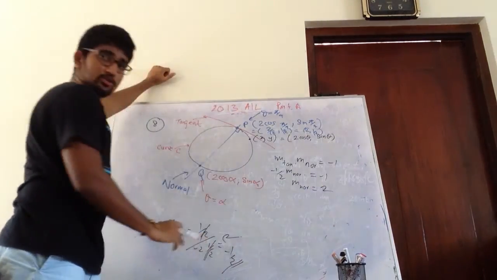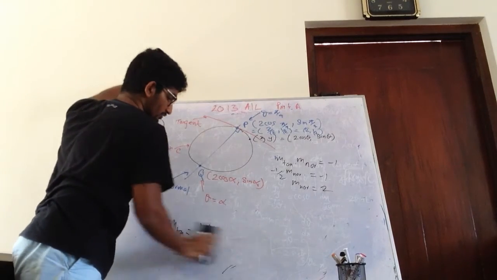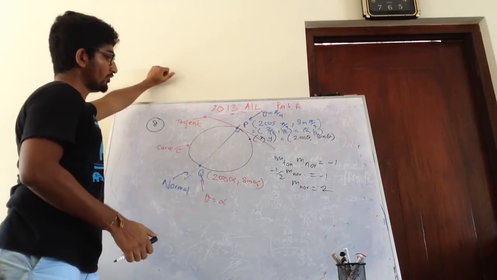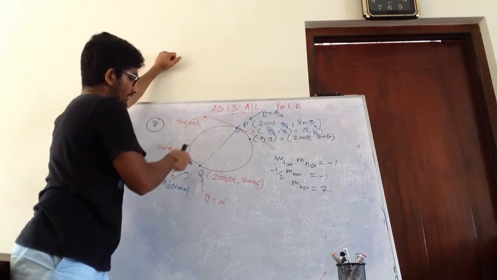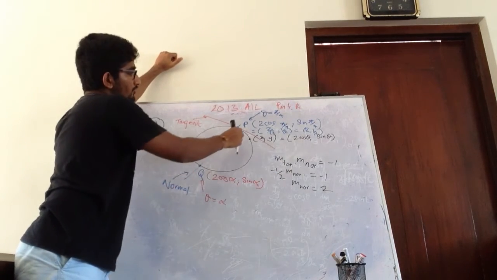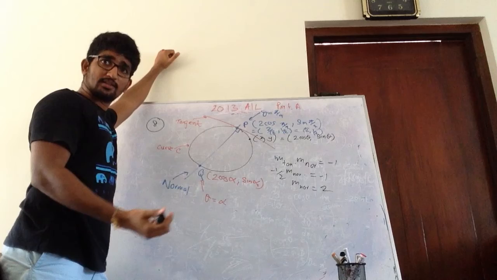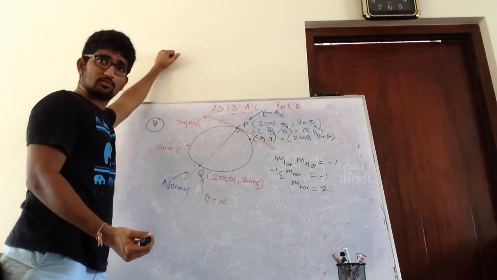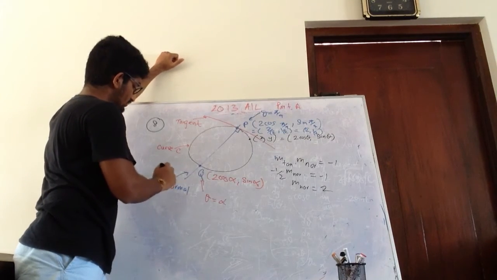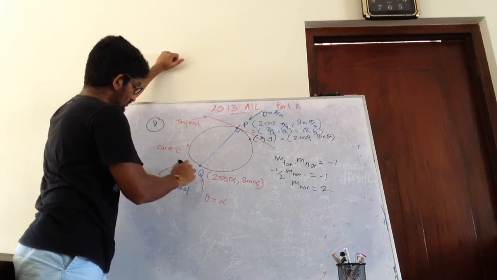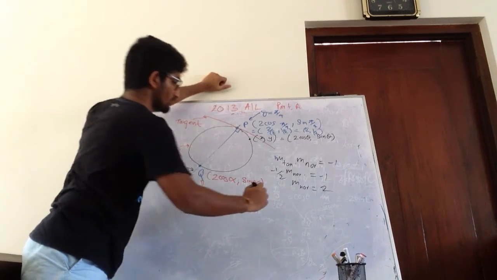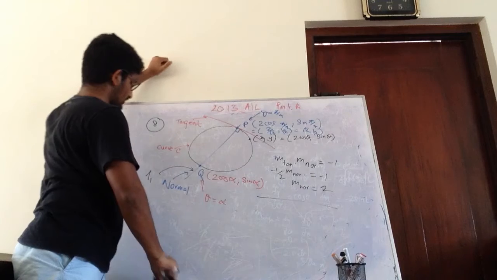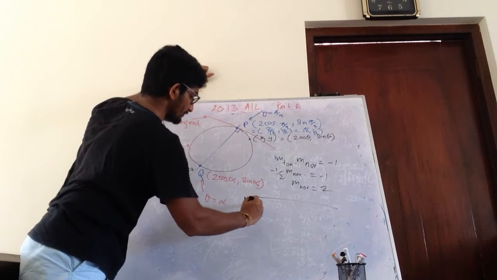Correct? Now you know the gradient and a point, so you can write the equation down. Let's call this L1, the normal line.